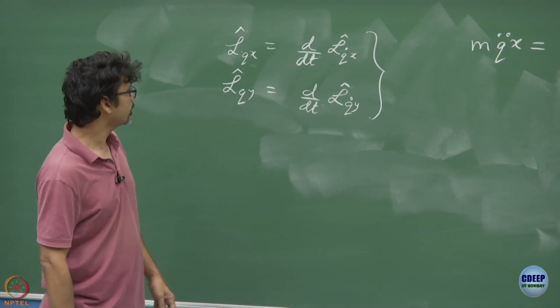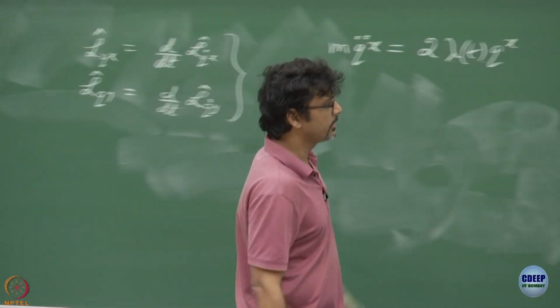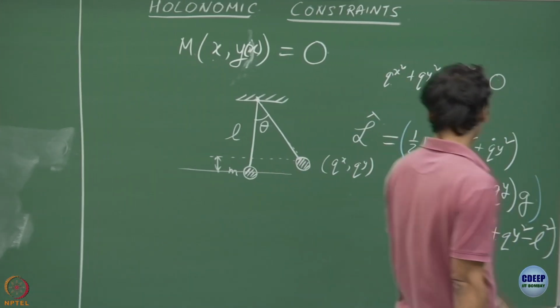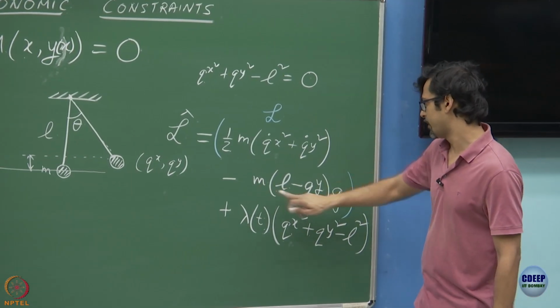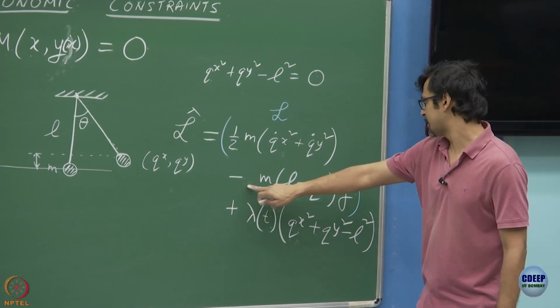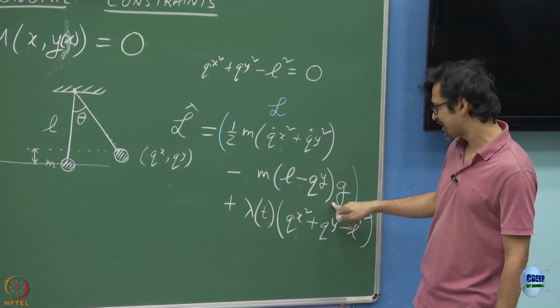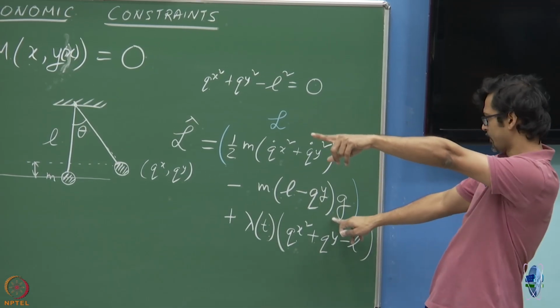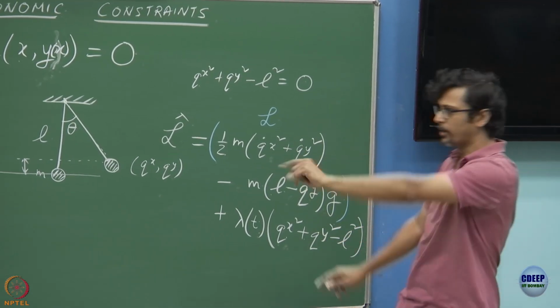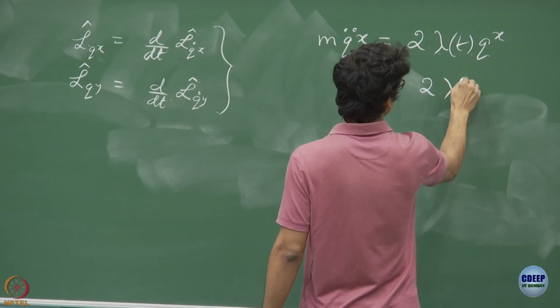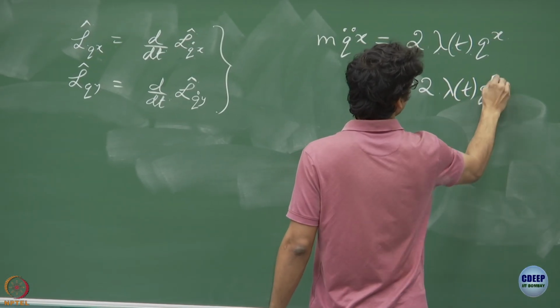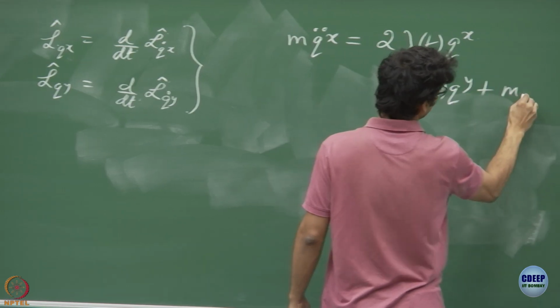What about the second equation? Again, when we take the partial with respect to Qy, now there is an additional term here. This minus and minus will make it plus. So it's mg plus mg, and the rest of the term is the same. It's 2 lambda Qy. So it's 2 lambda t Qy plus mg.